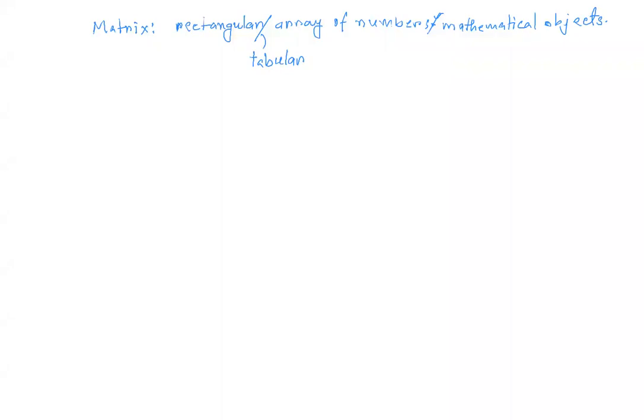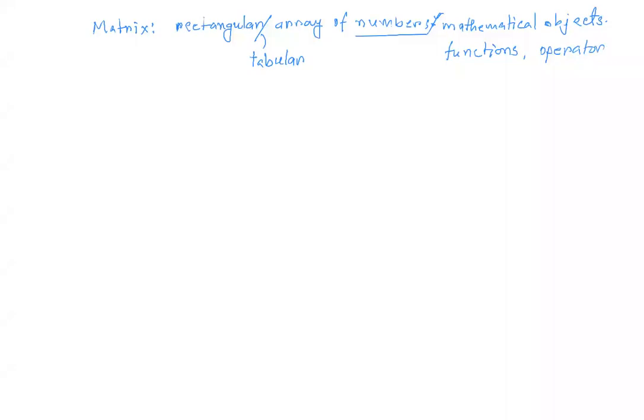But in this course, we are going to pretty much exclusively be dealing with numbers, but it could be some other mathematical objects such as functions, okay? Or it could be something we call operators. An operator is something that operates on something else.